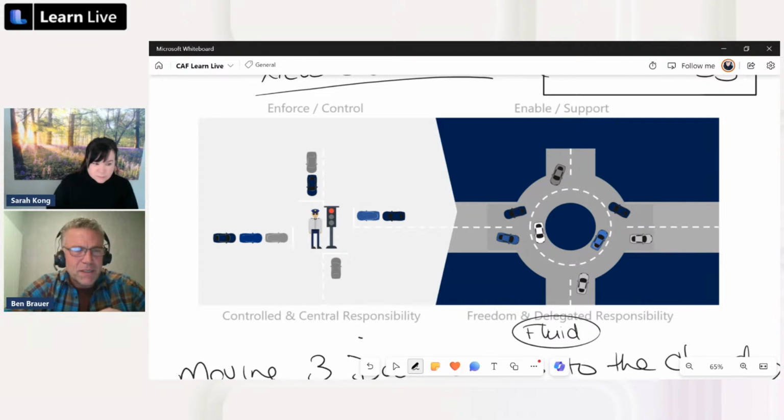That's a very different model than what you have on the right-hand side, which is a set of guardrails, or a set of concepts that everyone follows. In this circle, all you have to do is look left, and if there's no car, then you can move forward. So it's a much more fluid model.